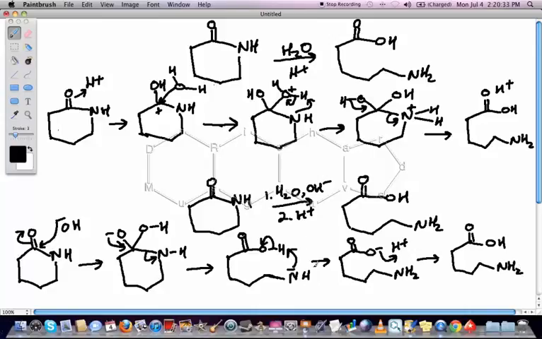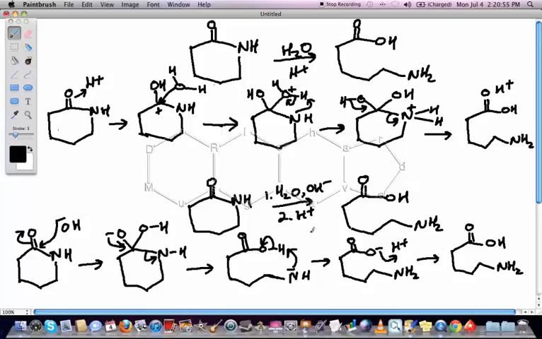Now the reason we have to do this step is because we've formed a carboxylic acid in a basic solution or a basic environment. So the N negative, which is going to be far less stable than this negative charge, will take a proton off the carboxylic acid, leaving us with the amine down here and the O negative up here, and then that can take the H plus.